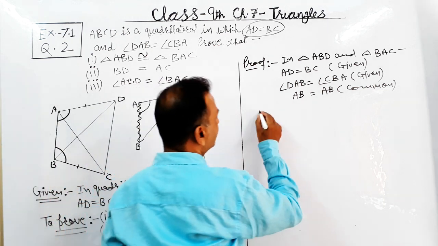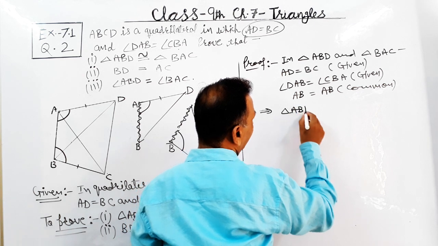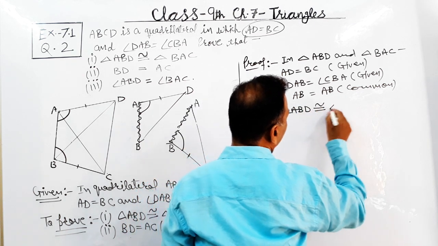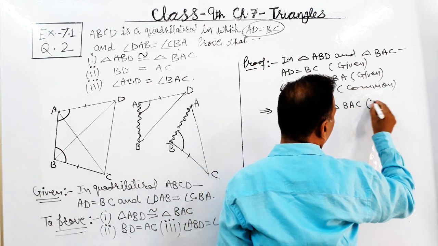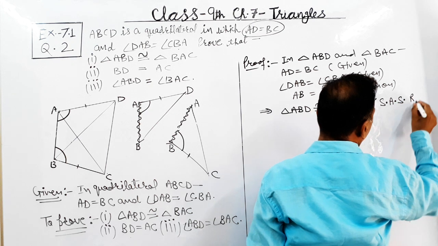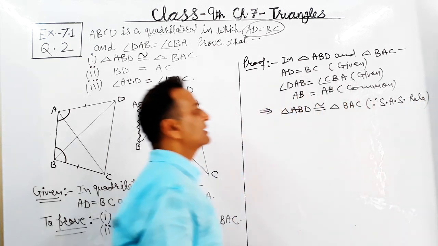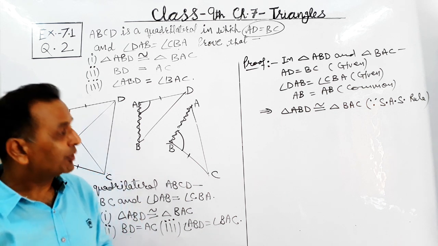So this implies we will write triangle ABD is congruent to the second triangle BAC, and mention the reason: by SAS rule.